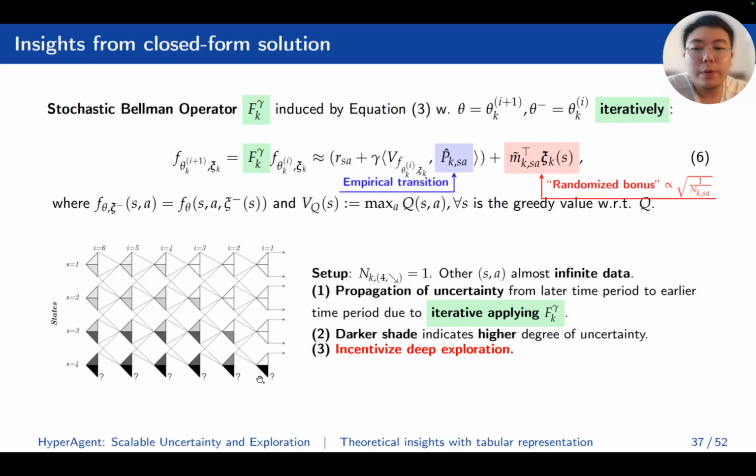For example, here, if this state action space is visited very little, then the noise is proportional to 1 over n, where n is the count. So this noise is large, and then with the objective defined by HyperAgent, this uncertainty or noise will be backpropagated into the initial state, and then it incentivizes the deep exploration behavior.